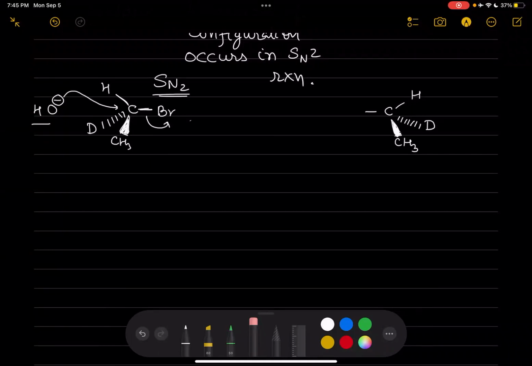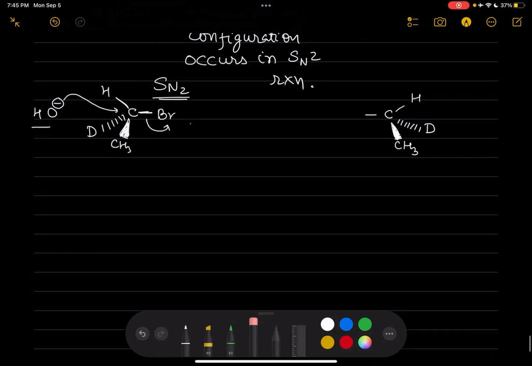For this I will use dash because it is behind the plane. For this I am going to use wedge. This is directly in front of the camera. This one I am going to use dash. The nucleophile comes and pushes away the Br. So these bonds move like this. All three bonds were on the left-hand side, and I have flipped them like an umbrella.